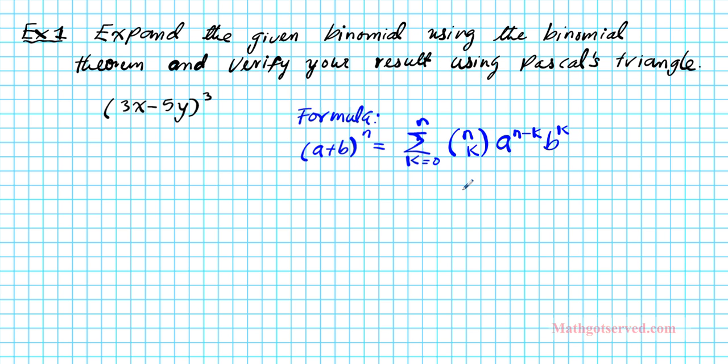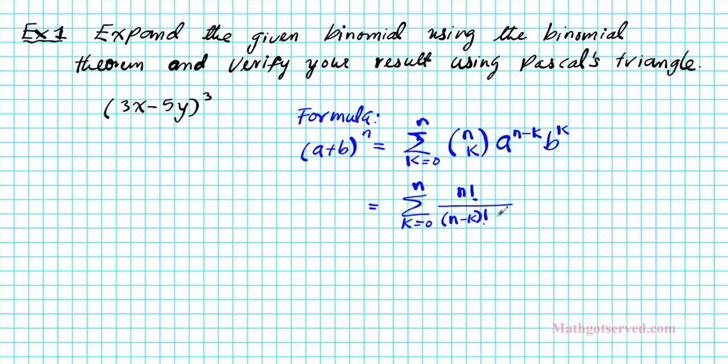Another way this can be written is as a summation from k equals 0 to n. Instead of n choose k, we can use the formula for combination, which is n factorial divided by n minus k factorial.